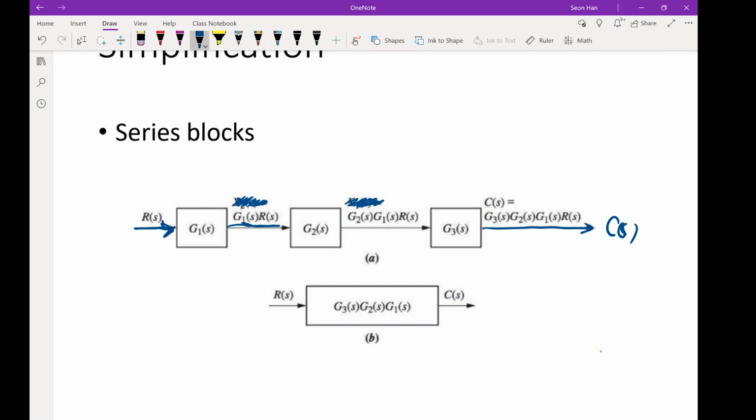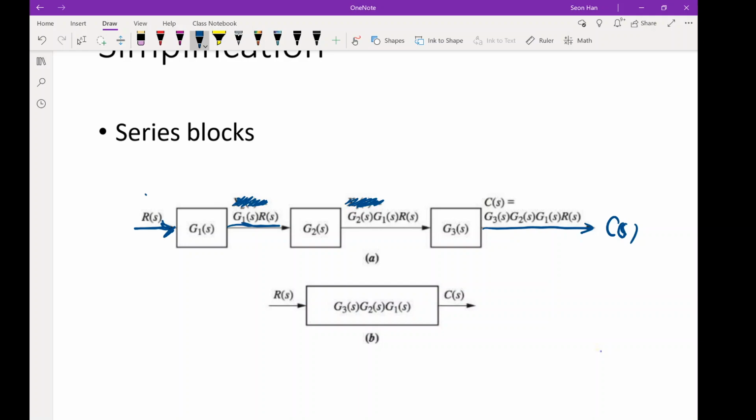So this line is G1 times R of s. Then you continuously multiply: you multiply G2, and you multiply G3. So in the end, going from R to C, you multiply by G1 times G2 times G3. So you can just make it into one block.